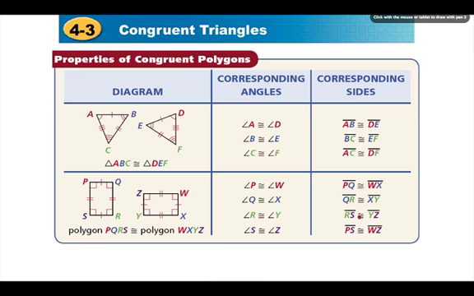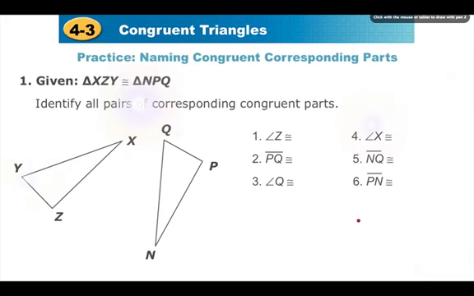Let me move on to the next slide. So it's given that triangle XZY, which is right here, and this other triangle NPQ are congruent, we need to identify the congruent parts. So here we go. Which angle is congruent to angle Z?